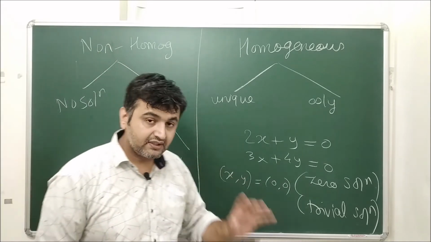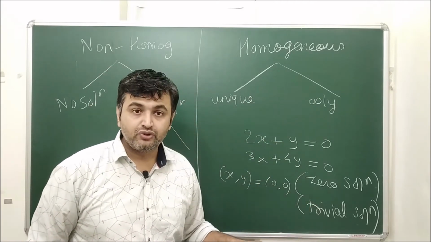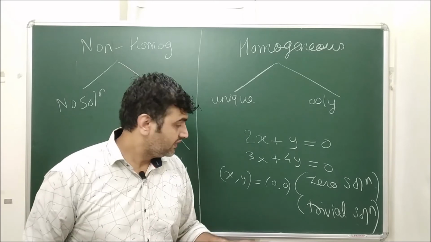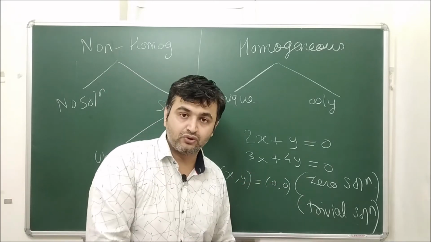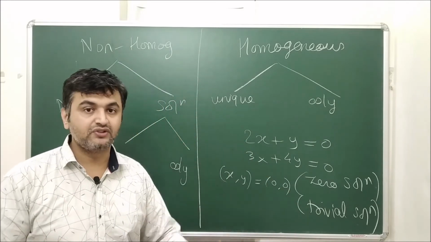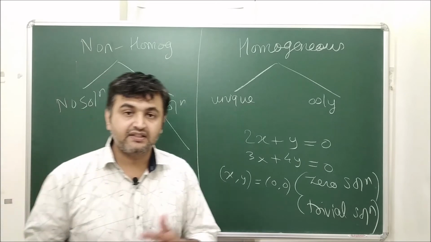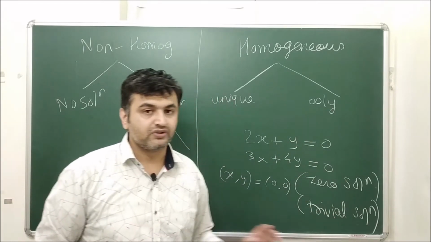Another thing, in a homogeneous system, if there is a unique solution, then what is that solution? Since 0 is always a solution and I am saying that it has a unique solution, that solution is only 0, 0, 0, 0. That's the only solution. And if there is a solution other than 0, then in that case it will have infinitely many solutions.